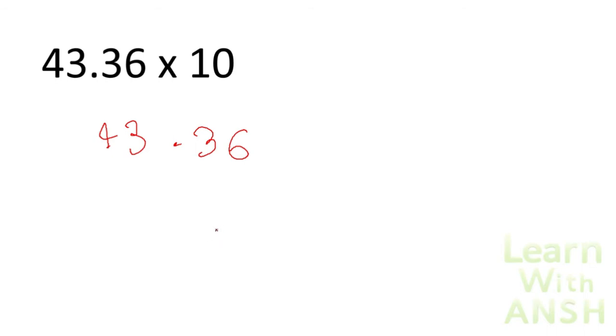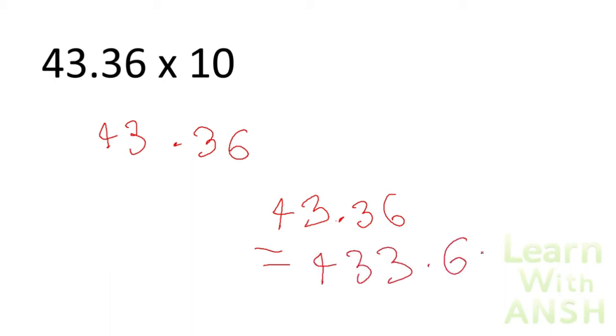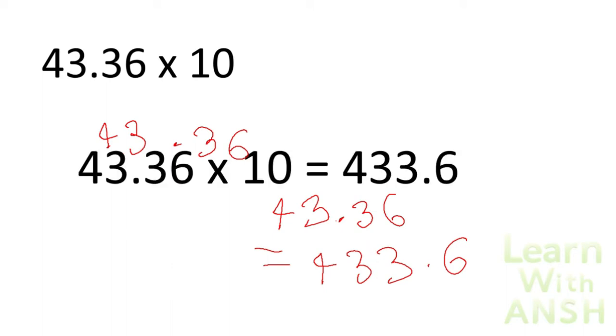So 43.36 will become 433.6. So when we multiply 43.36 by 10, we will get 433.6.